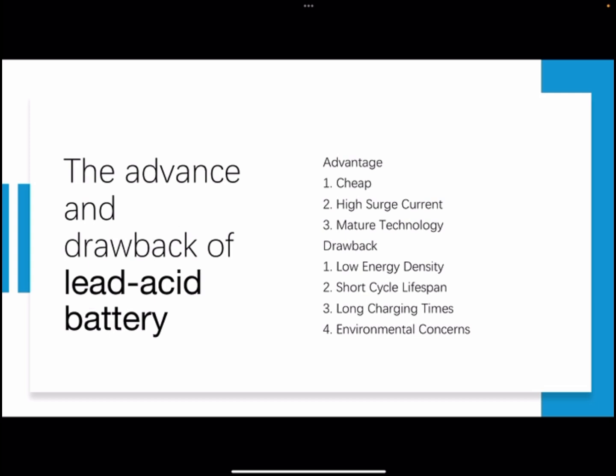So we can accelerate in a short time, and it's good for the vehicle's performance. And it's a mature technology because the lead-acid battery was created over 100 years ago, which makes this kind of battery cheap and safe, but it also has some drawbacks, like its low energy density.